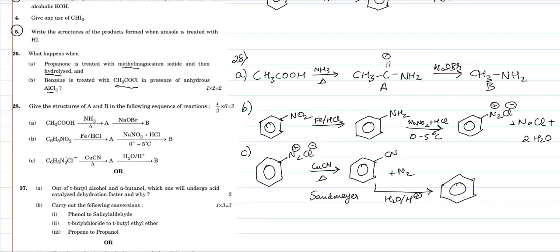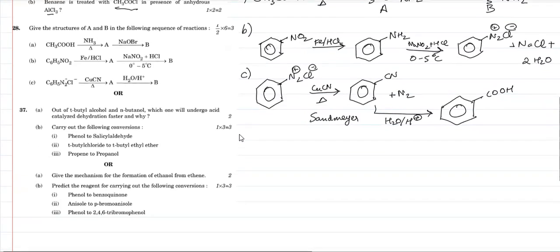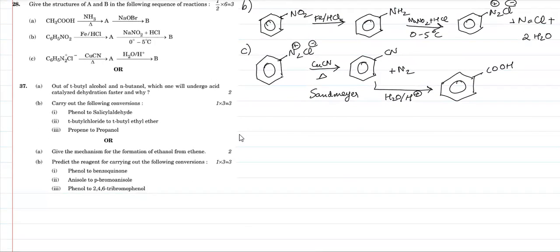So if you notice, this question is essentially from two different chapters, where this is from, if I'm not wrong, amines, whereas this is from aldehydes, ketones, and carboxylic acids. So we're done with question number 28. The next one is question number 37, and we're talking about B because they're conversions.